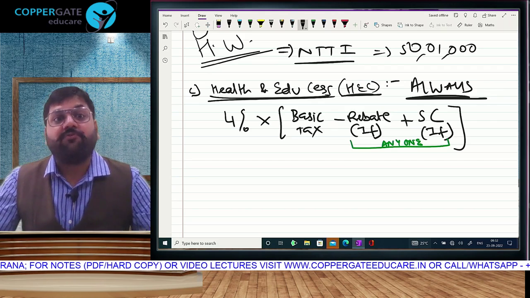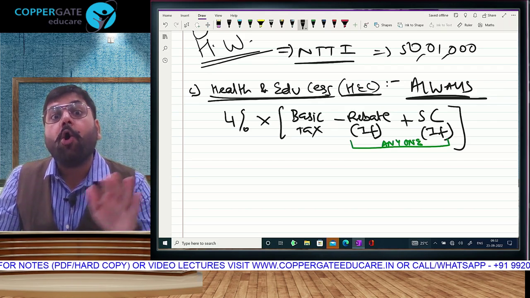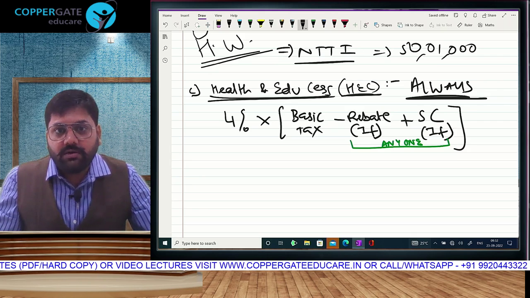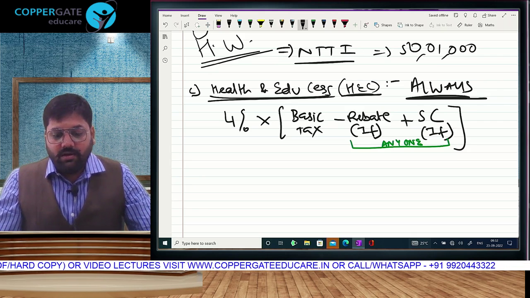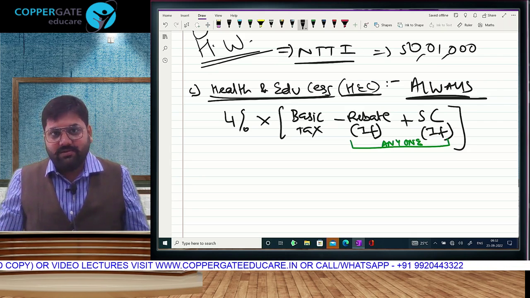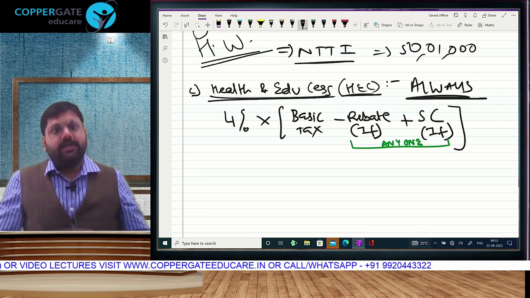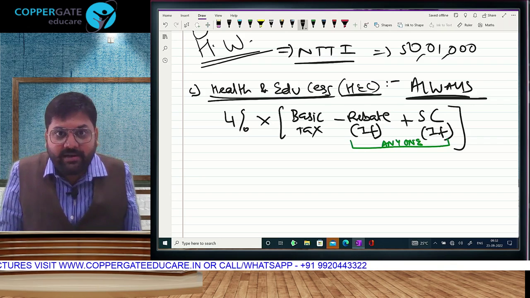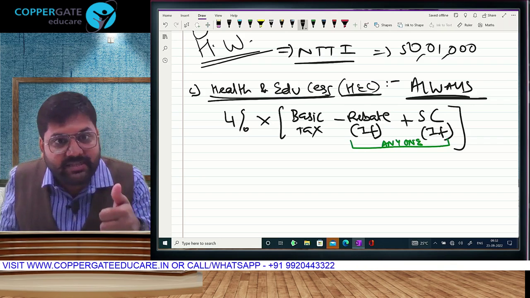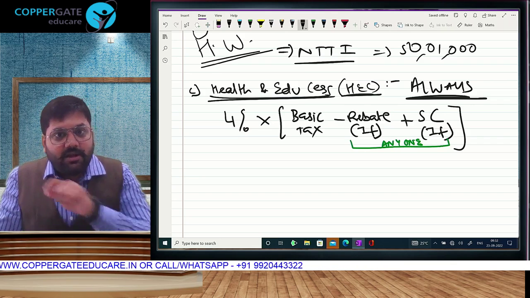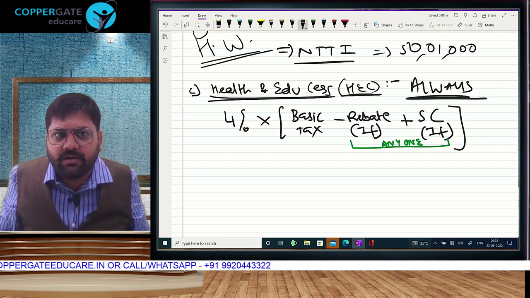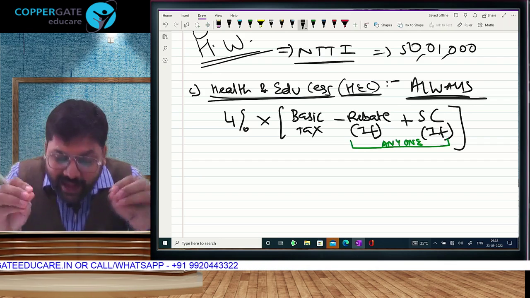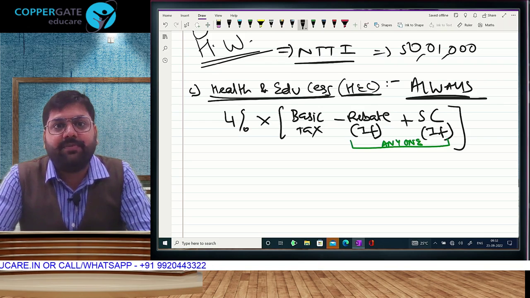And on what? First of all, when will we apply 4%? Always. On what? एक आइडिया देता हूं. Before HEC, complete everything else. Whatever you have studied before that, complete everything. So complete basic tax, complete rebate, complete surcharge, complete everything. And with that amount, you enter this step and apply 4%.